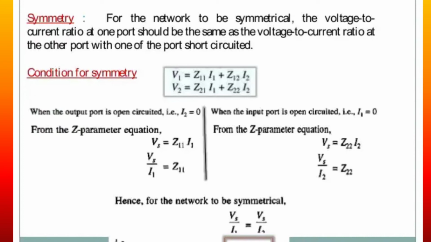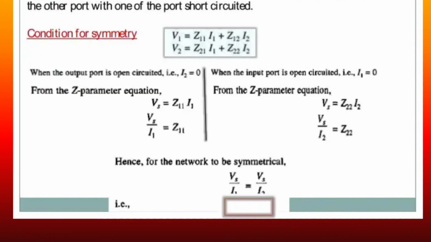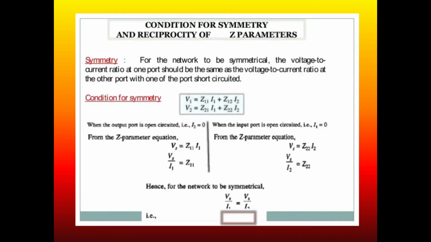Similarly, when we open circuit the input port, I1 equals 0, and Z22 equals Vs by I2. Hence, for the network to be symmetrical, Vs by I1 should equal Vs by I2, that is, Z11 should be equal to Z22 for the symmetrical condition.